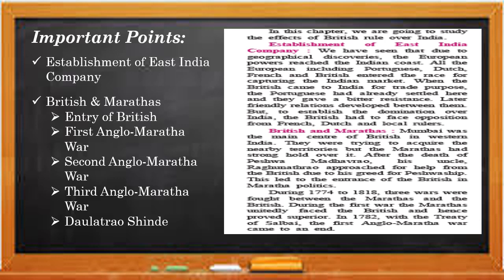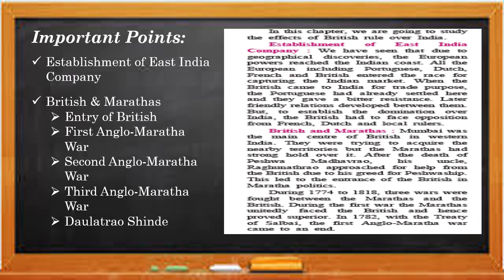The Marathas won the first war because they were united, and slowly and gradually there were many internal fights among themselves, and so in the second war as well as in the third war they could not fight against the Britishers.